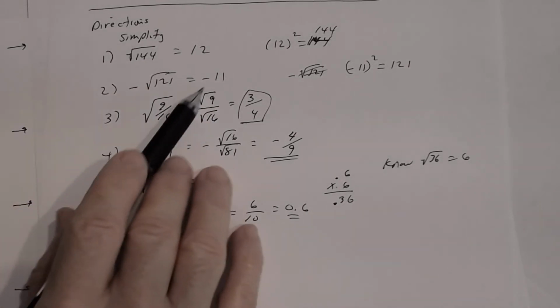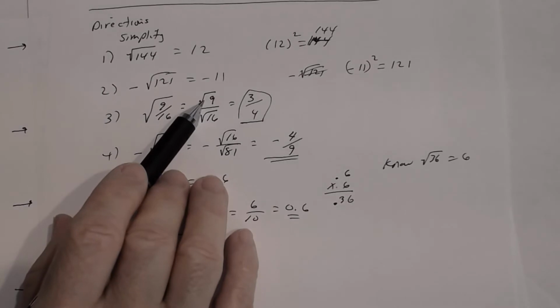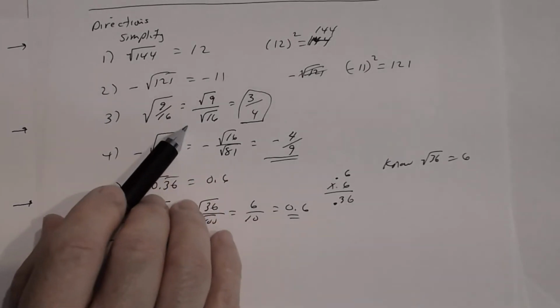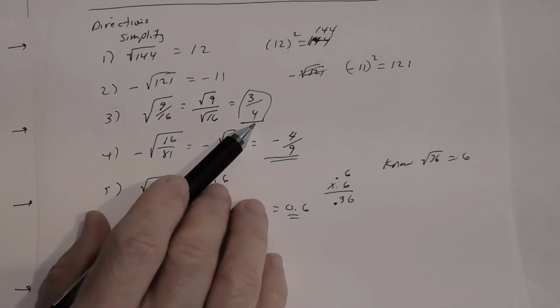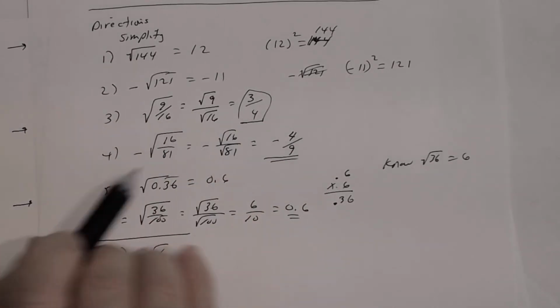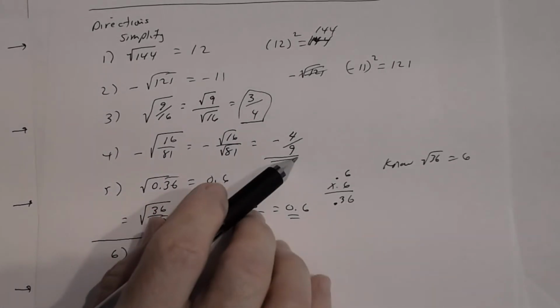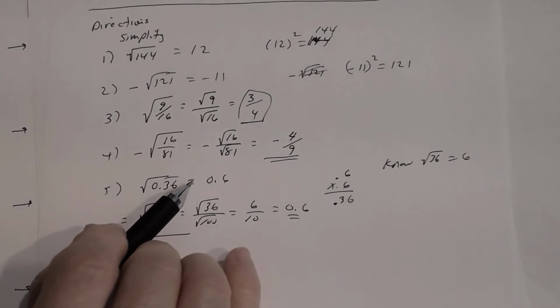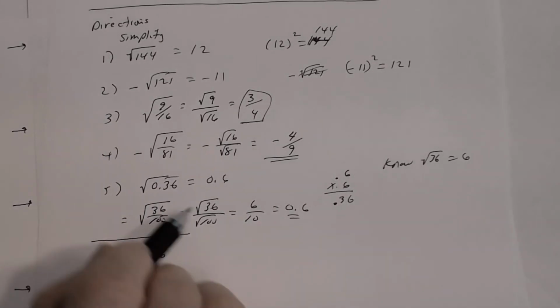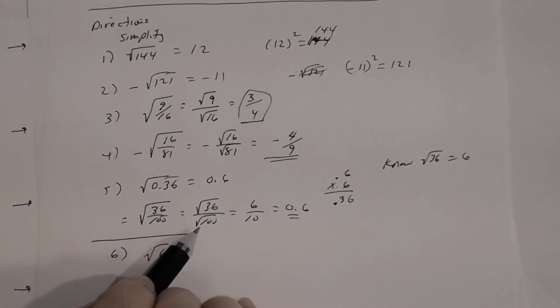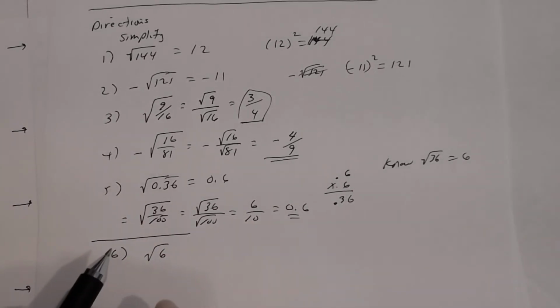I knew that the square root of 9 is 3 because 3 times 3 is 9. I knew the square root of 16 is 4 because 4 times 4 is 16. I knew the square root of 81 is 9 because 9 times 9 is 81, right? I knew the square root of 36 is 6 because 6 times 6 is 36. I knew the square root of 100 is 10 because 10 times 10 is 100.